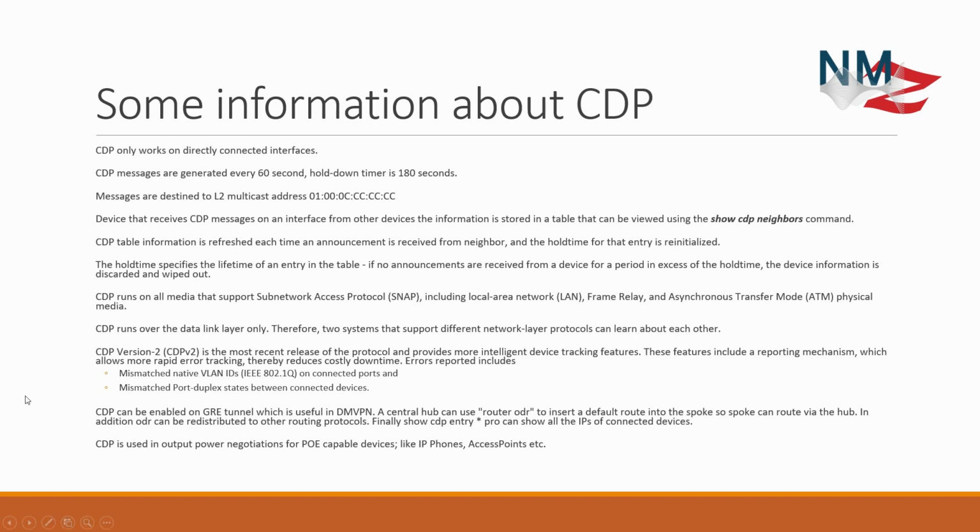As I said, we have two versions. Version 2 also sends information about VLAN mismatch and about the mismatch of duplex ports, half duplex and full duplex.